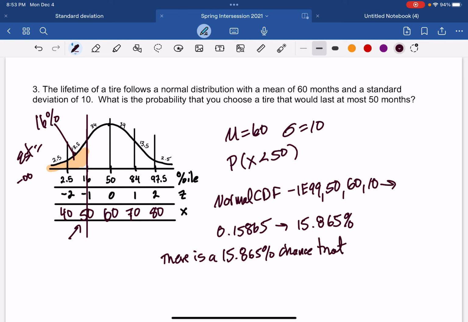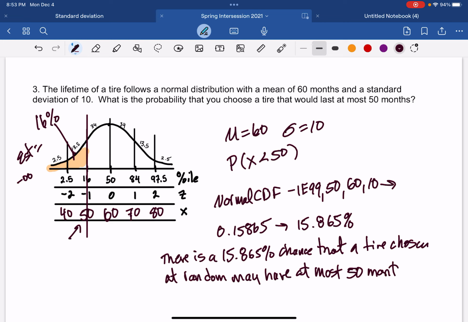that a tire chosen at random would or may have, I'll say may have, at most 50 months.